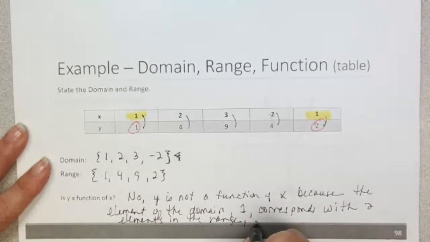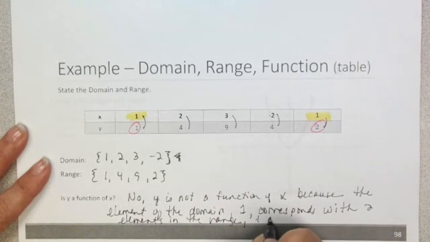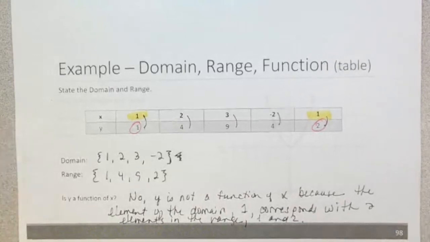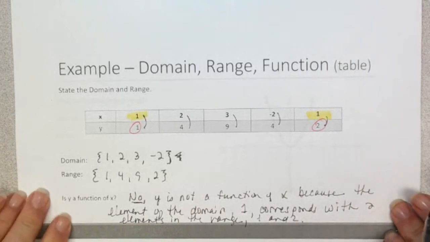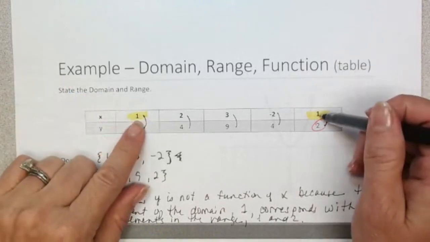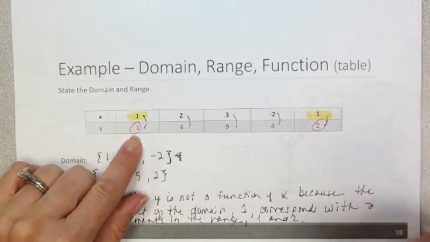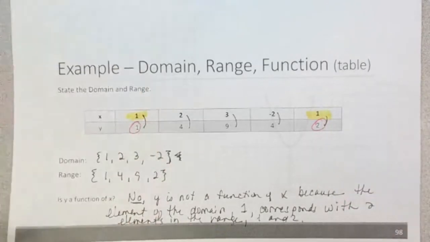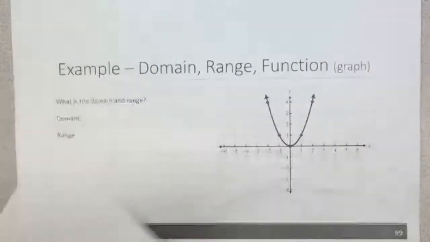Namely, 1 and 2. Okay, so this one is not, y is not a function of x. Not a function. The same element in the domain, 1, corresponds to 2 different elements of the range. So it's a relation that's just fine, but it is not a function.